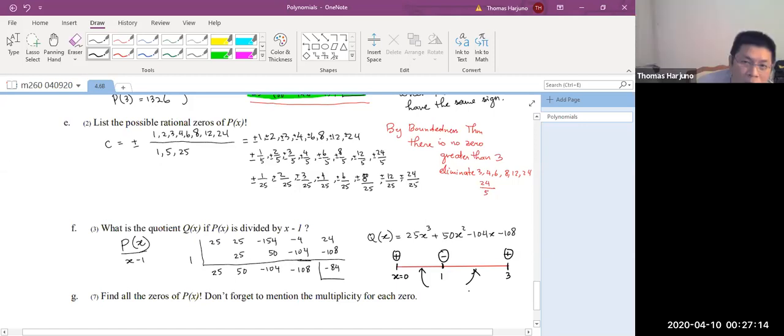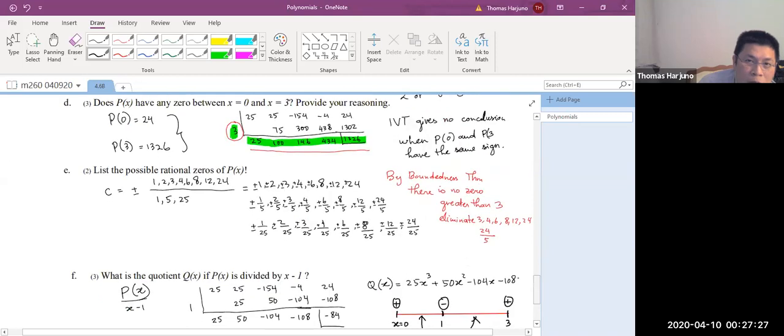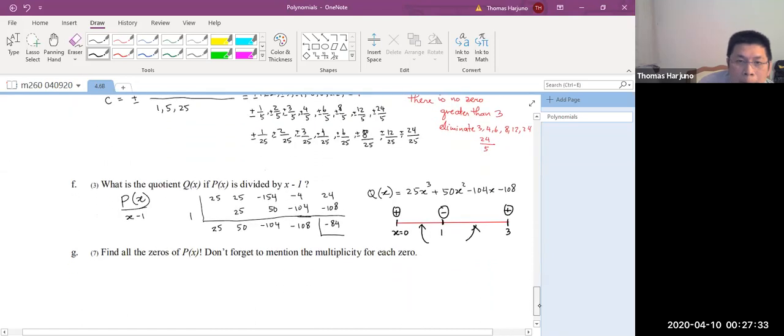There's a zero between 0 and 1, another zero from 1 to 3, and no more zeros after 3, because we saw in part D the last row was all positive.